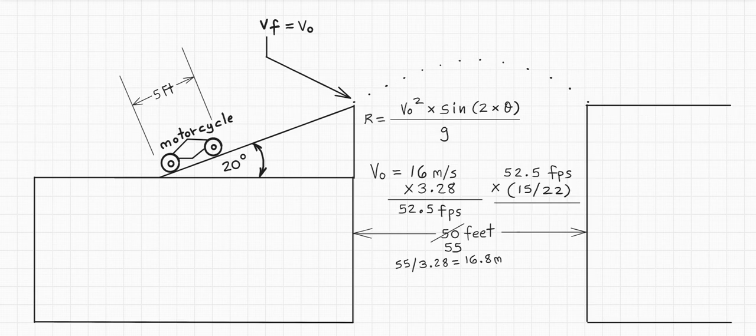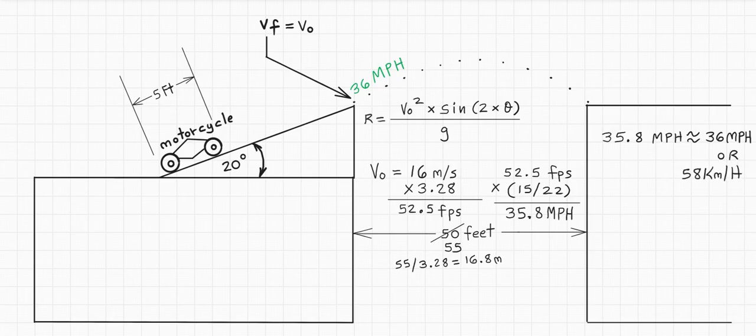So if we take 15 over 22 as a ratio times 52.5, we get 35.8 miles per hour. And so that is rounded to 36 miles per hour is the minimum launch velocity of the motorcycle, and that's also equal to 58 kilometers per hour.